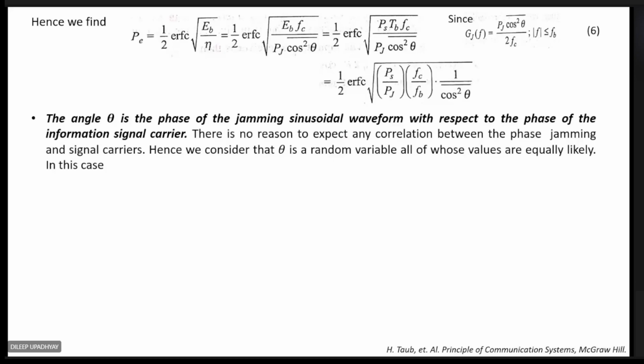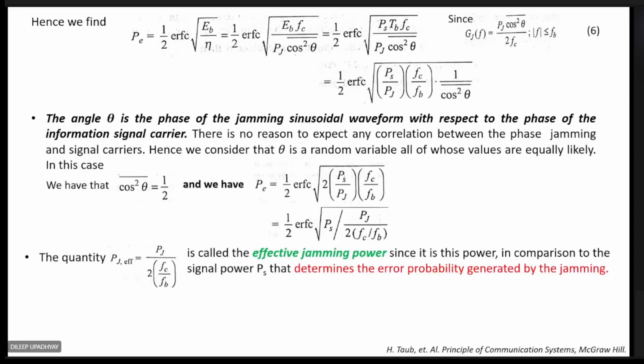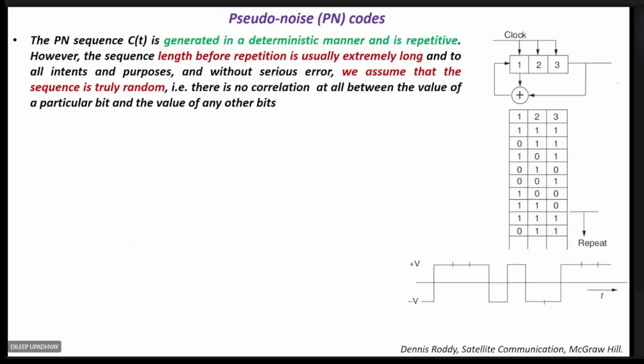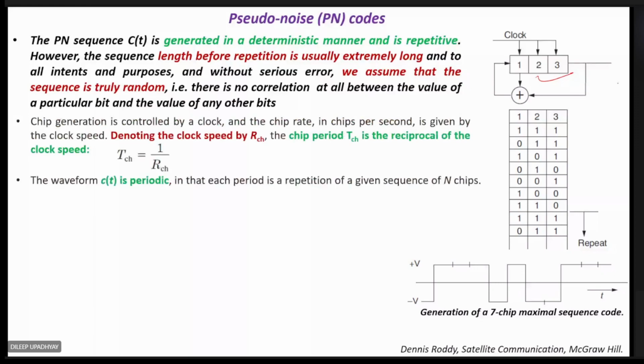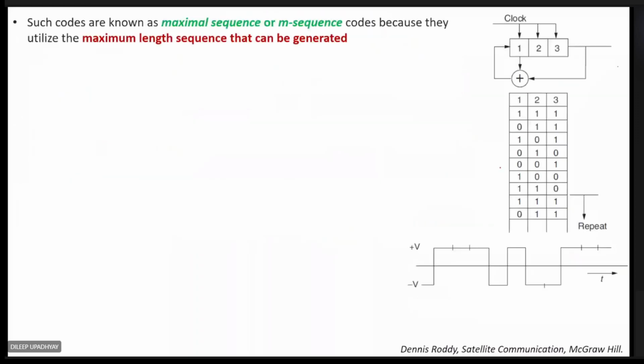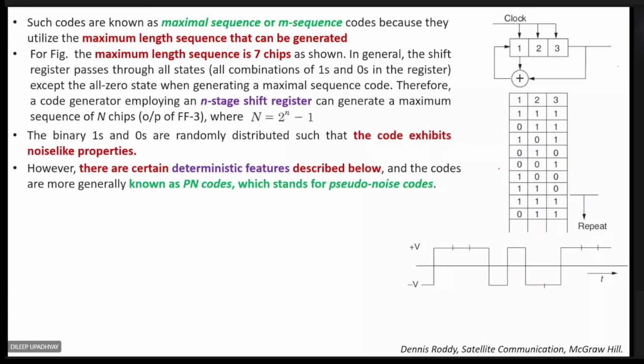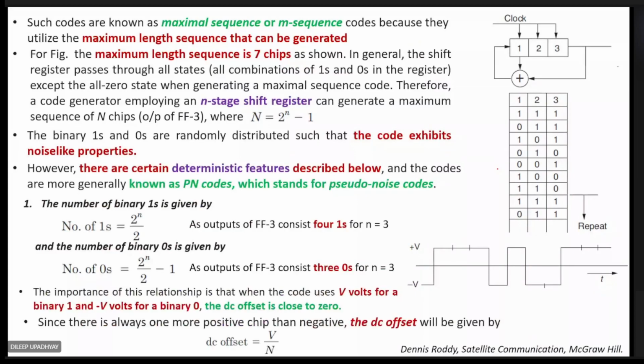I don't know from where some noise is coming from outside. In the PN sequence, we have seen how we can generate the PN sequence, what is a PN sequence, what is a maximum length sequence, and what are the various properties of the PN sequence. And the most important property is the correlation features we have.